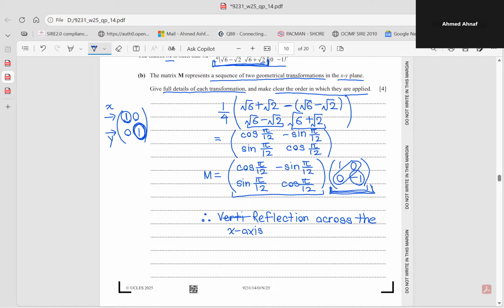One way to remember this, rather than just memorizing, is to relate it to the transformations that you learned in your AS level math, pure math 1. Try to recall that and relate them, and it will be a lot easier. So the first transformation is a reflection across the x-axis, followed by, now we have to write the second transformation.